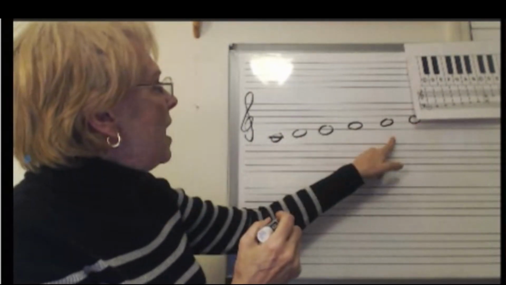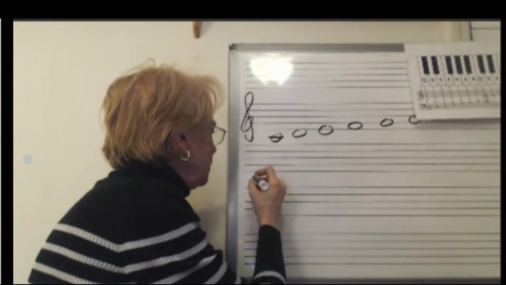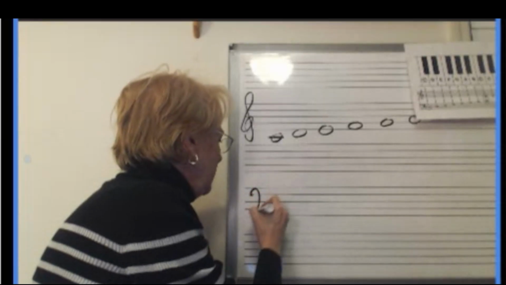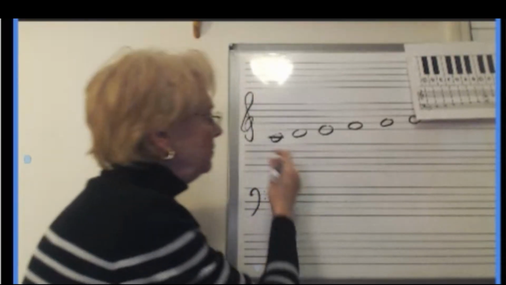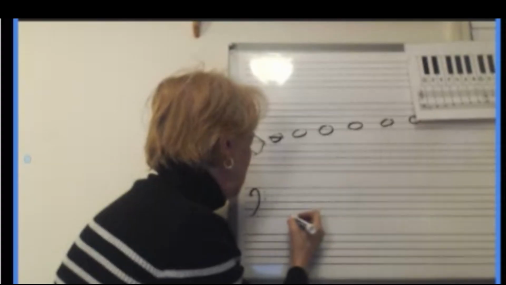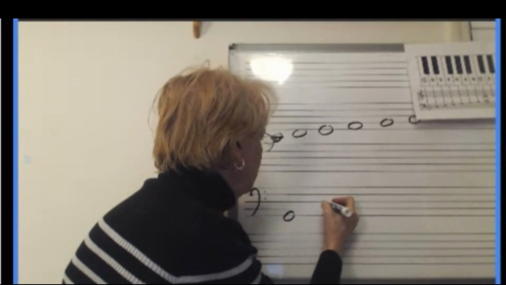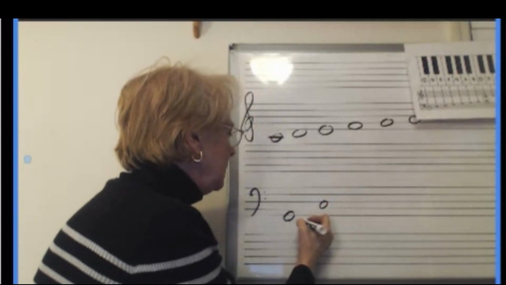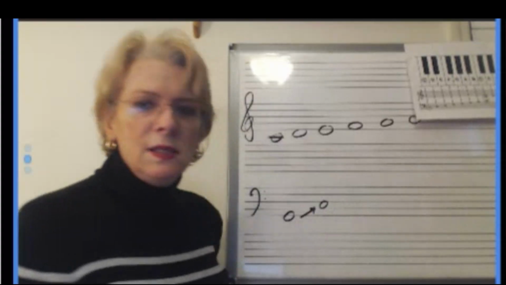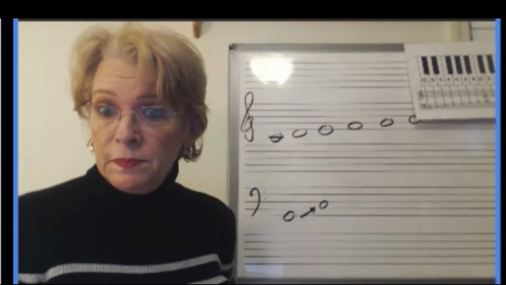Going from the 5 to the 1, let's put a bass note here. The 5 in the key of C is a G, going to the C. You see that interval there? It's going up a perfect fourth, right?